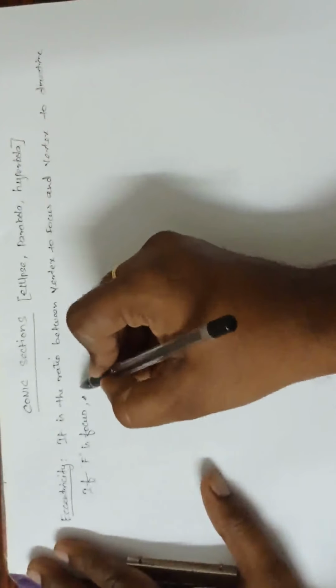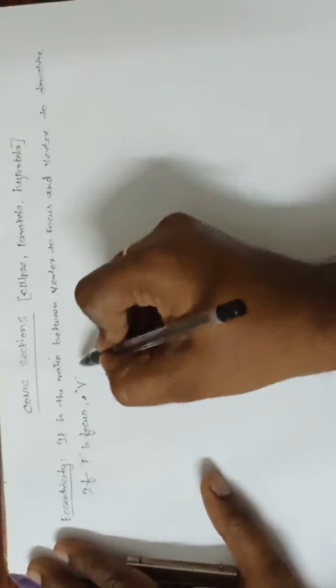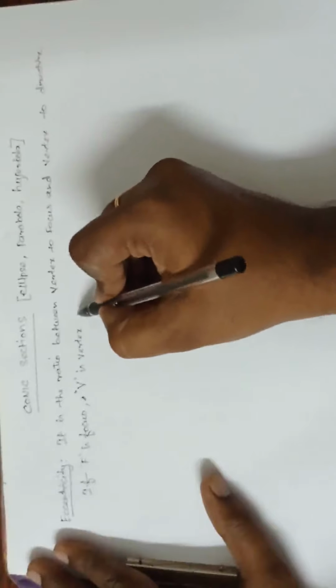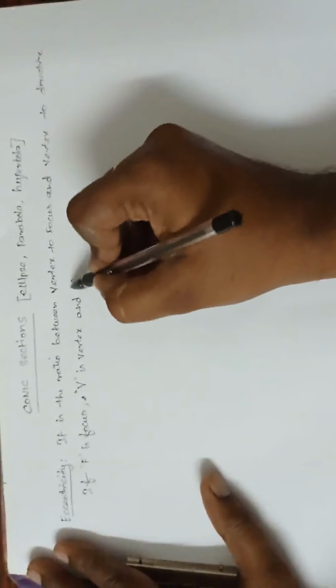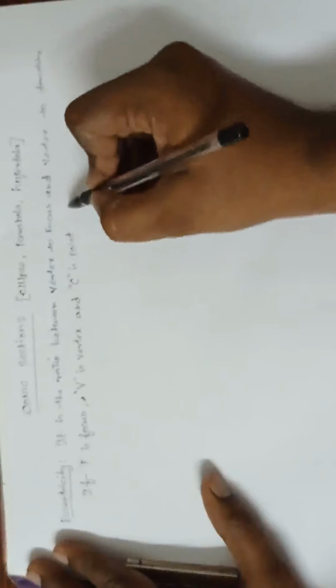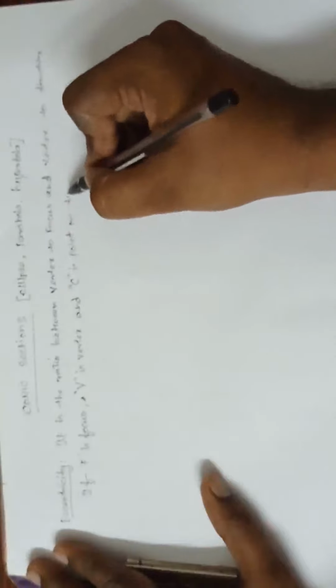Now, if F is the focus, and capital V is the vertex, and capital C is a point on the directrix line.